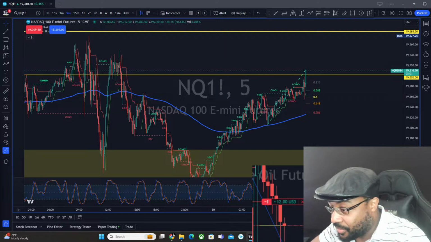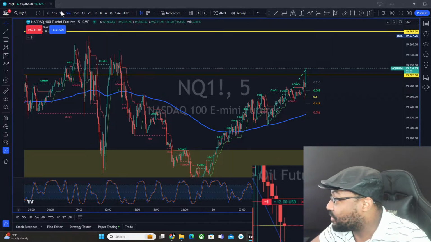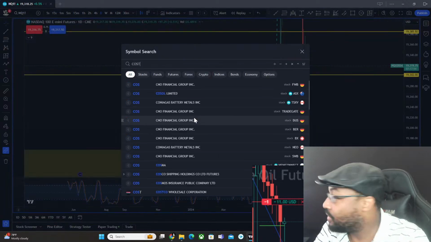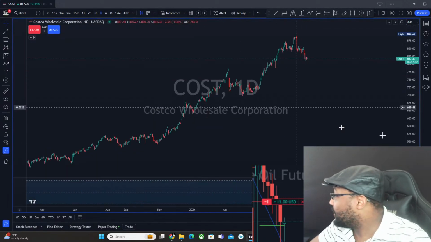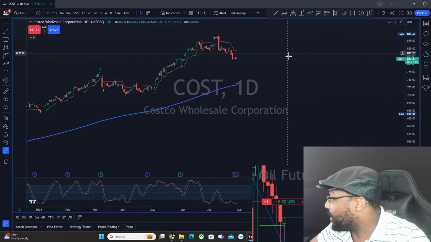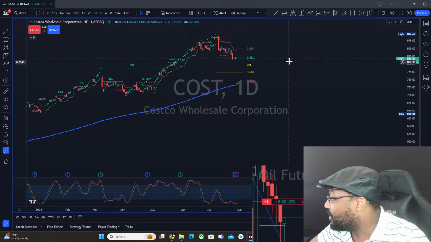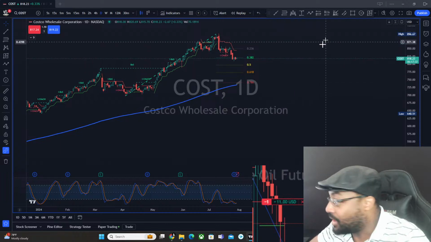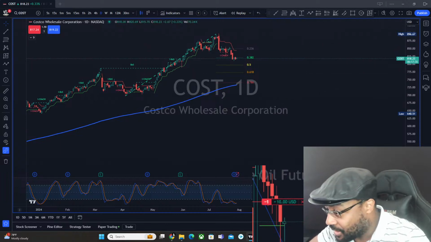Costco is sitting on top of an order block, which can fall through if it goes that way. I really think they wanted to retest 790, but right now it's sitting right here on top of this order block. So this can hold as a key level of support and then really take off to the upside.